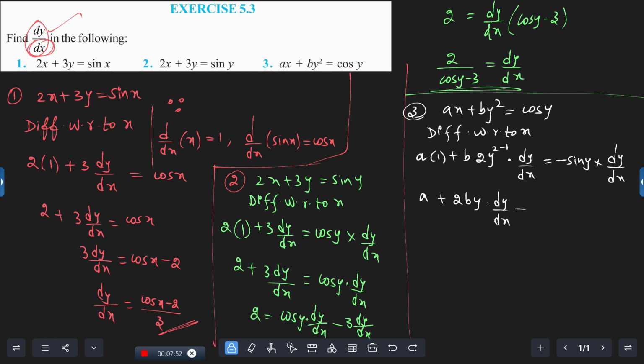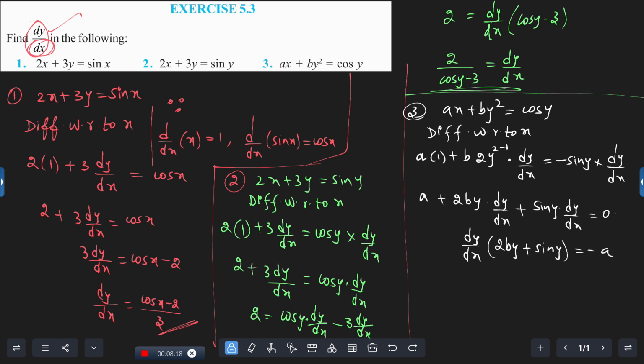The minus sign when you bring to the opposite side becomes plus sin y into dy divided by dx, which is equal to 0. So a alone you send opposite, because dy by dx let it be on one side. Dy by dx when you take commonly outside, I am getting 2 times by plus sin y, which is equal to a when you send opposite, minus a.